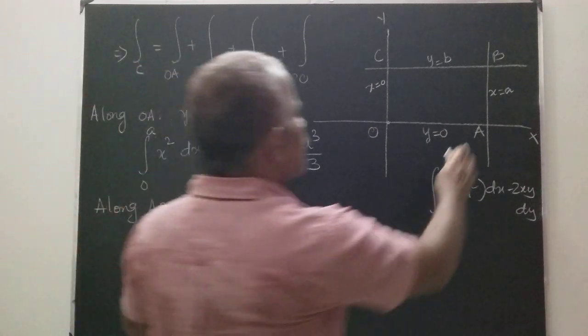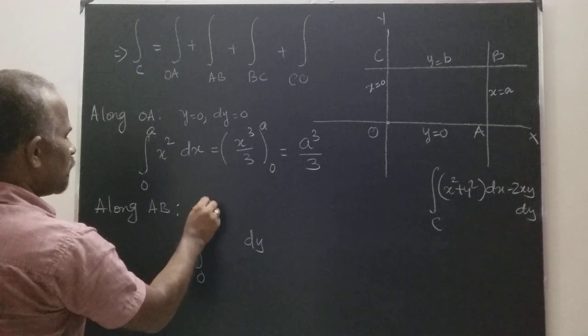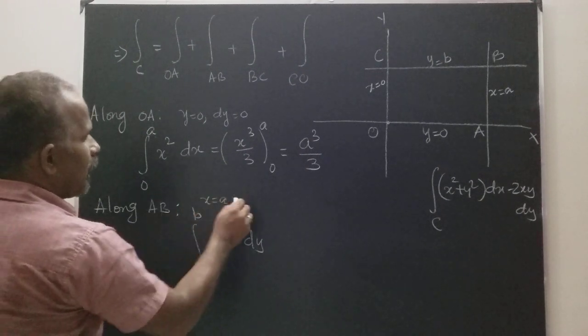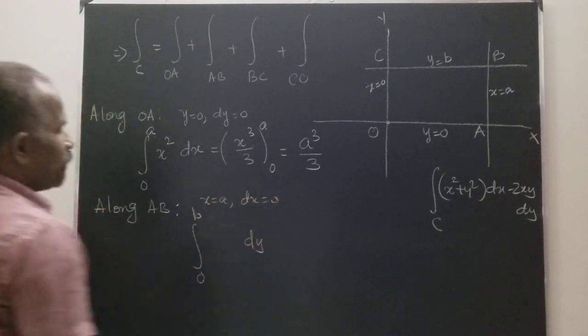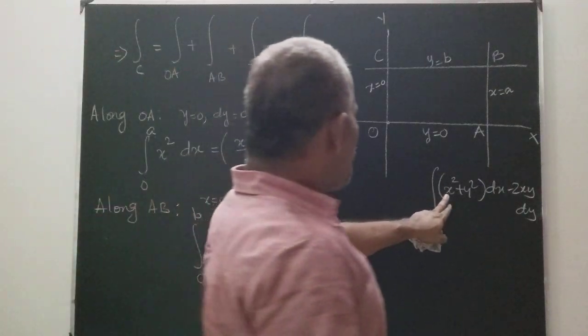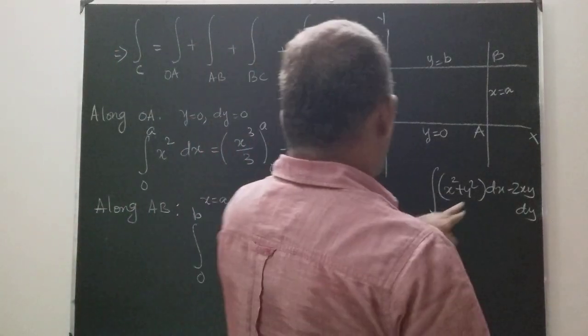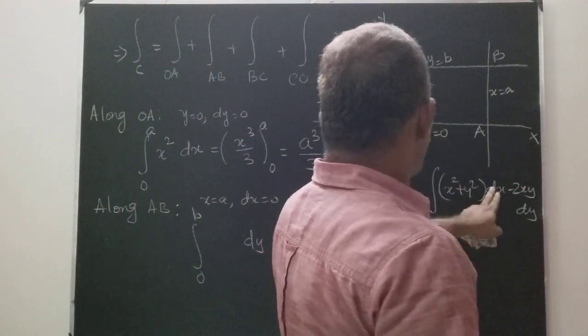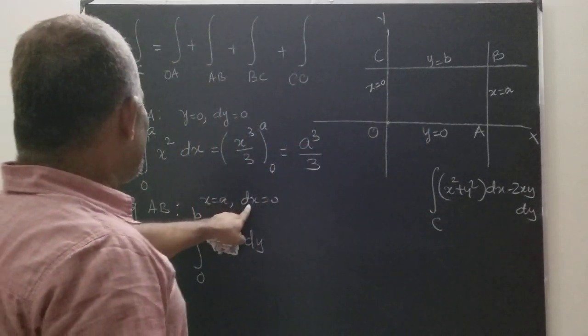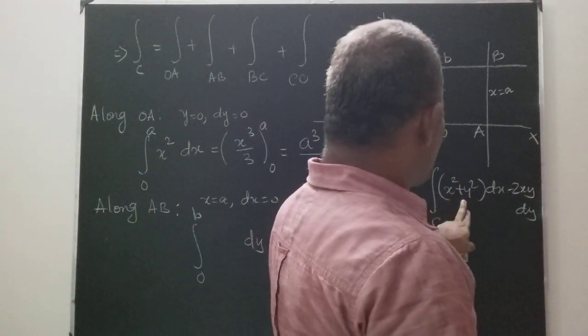So here x is equal to a and dx is equal to 0. Since dx is 0, this part becomes 0.